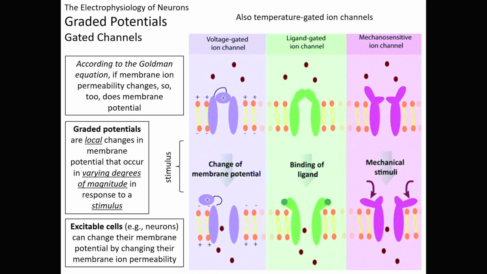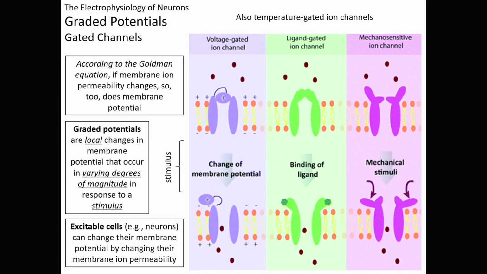So, excuse me, let's talk now about graded potentials and how a stimulus ultimately leads to a graded potential. Well, the answer is that we create graded potentials through what are known as gated channels. Yesterday we got introduced to leak channels. Leak channels, we said, by definition, are always open.